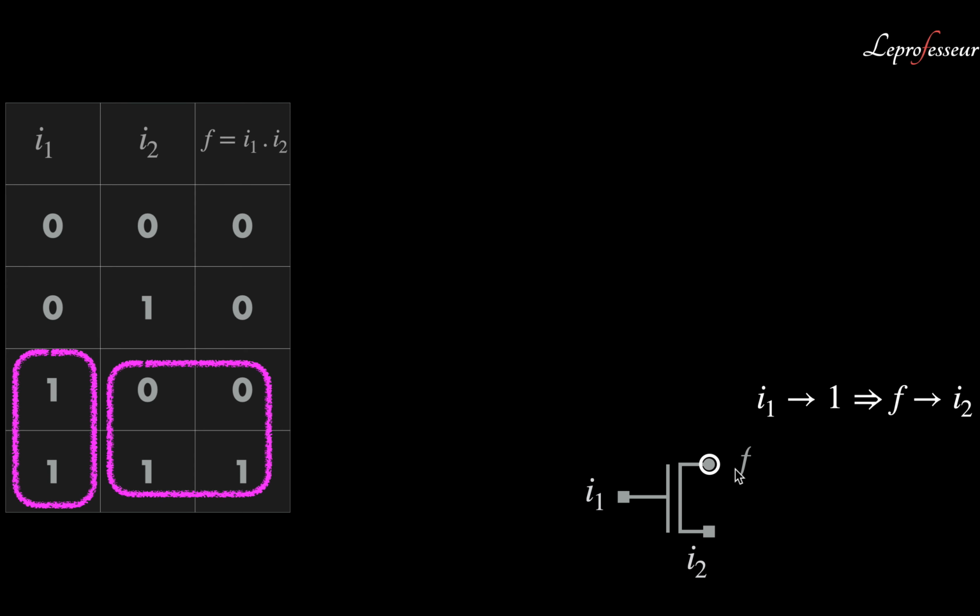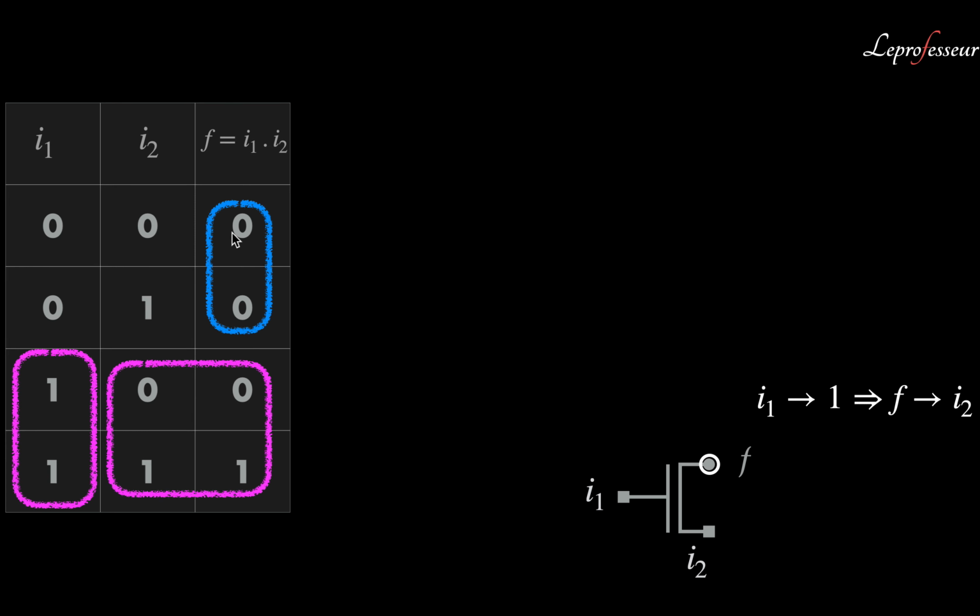If it is 0, the value of F will be 0. If it is 1, the value of the F node will be 1. So in other words, when I1 is 1, F will become I2.